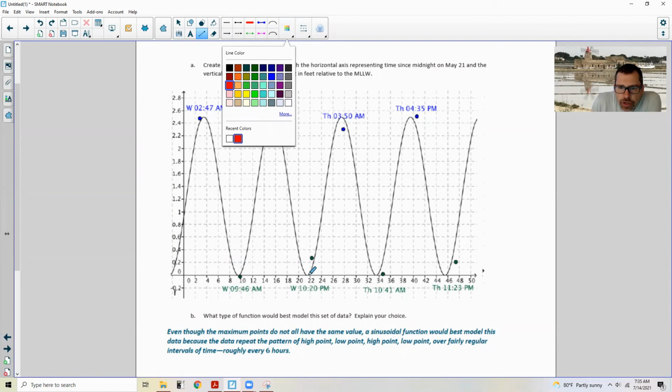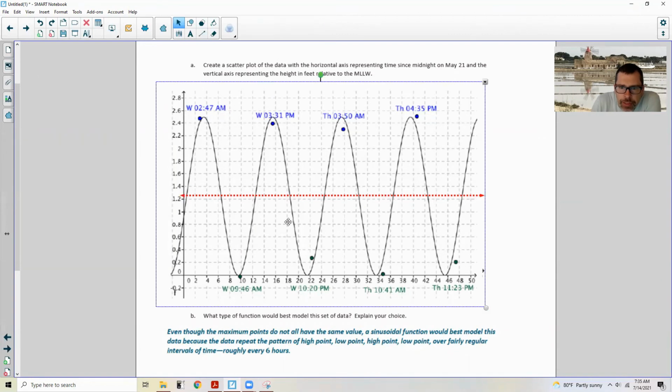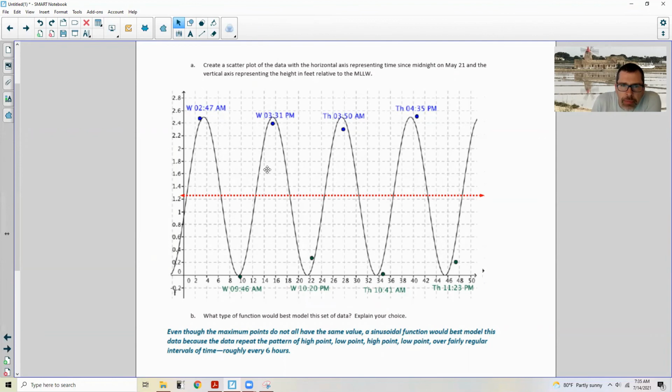The way this is drawn, the minimum is 0. The maximum is 2.5. Half of 2.5 is 1.25. So it would be approximately here, maybe up a little bit more. Okay, right about there.